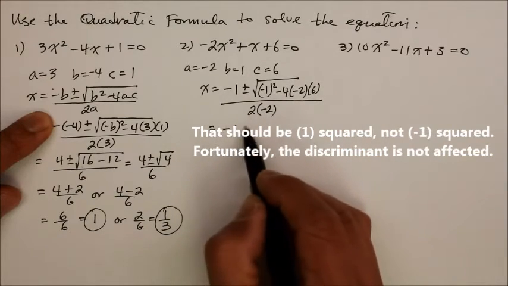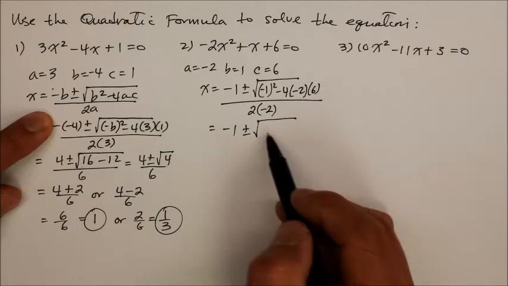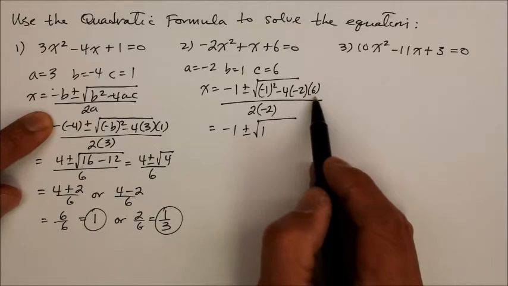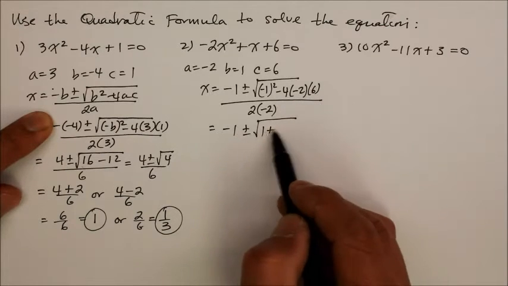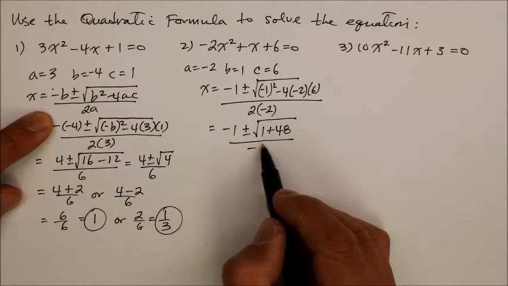Evaluate: we get negative 1 plus or minus. Inside the radical, 1 squared is 1. Negative 4 times negative 2 is positive 8. 8 times 6 is 48. Over 2 times negative 2, which is negative 4.